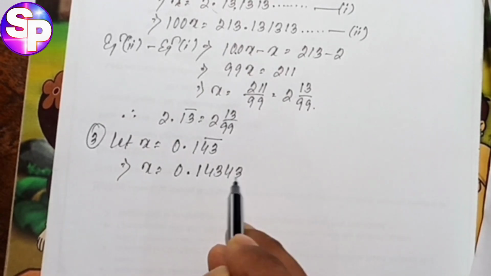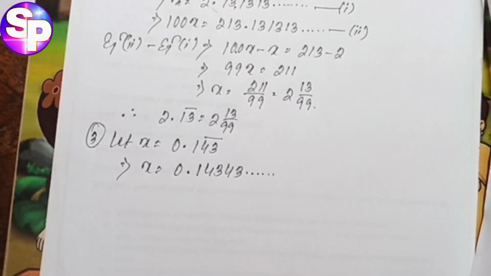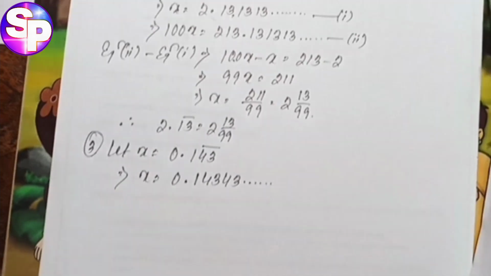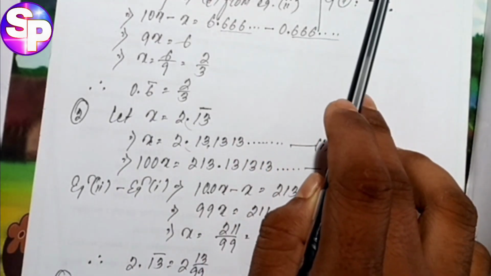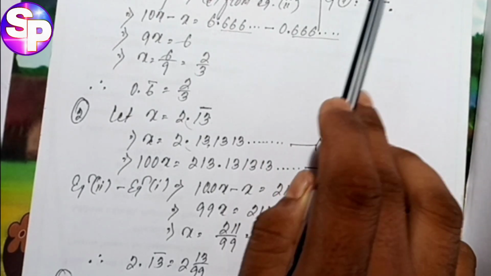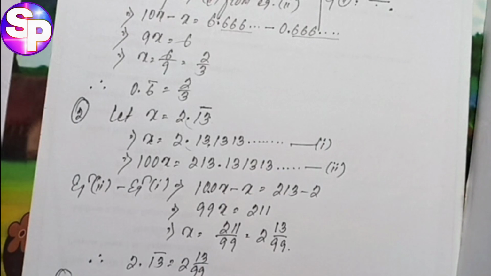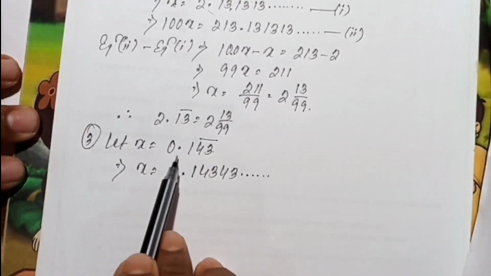So first of all we need to decide whether this can be equation 1 or not. Children, once again I am showing you this formula that I have already told you. The point must be kept before the repeating digit, right? Here which one is the repeating digit? 4 and 3. So I need to transfer the point after the 1, or we can say before the 4.